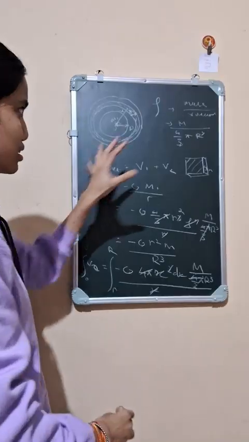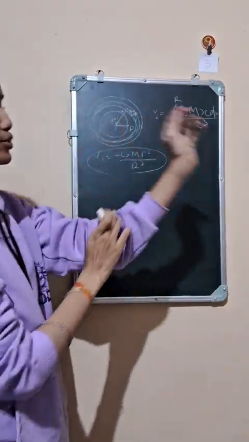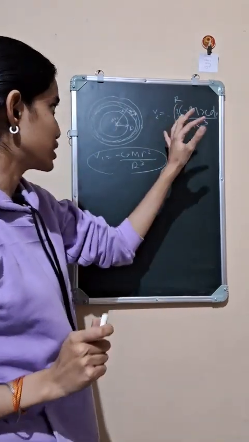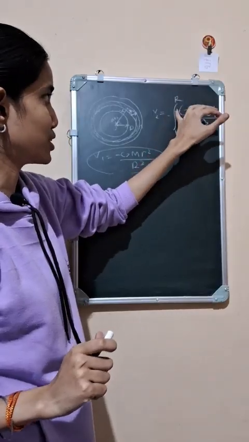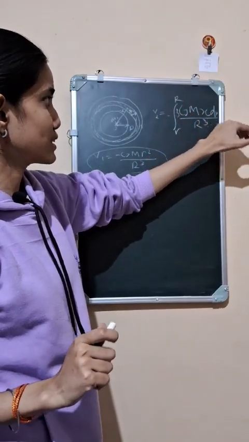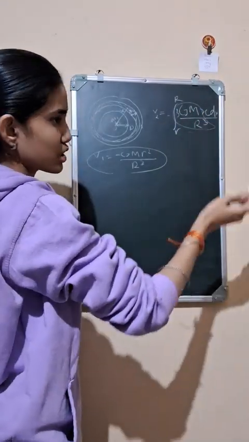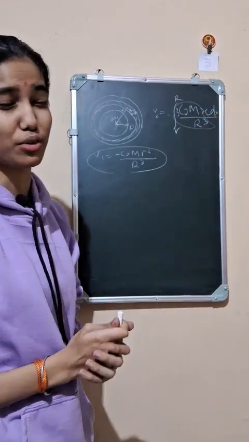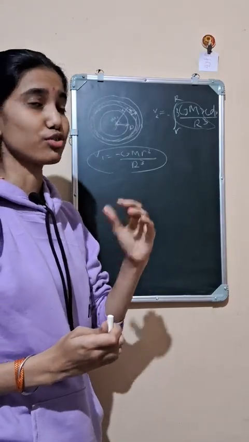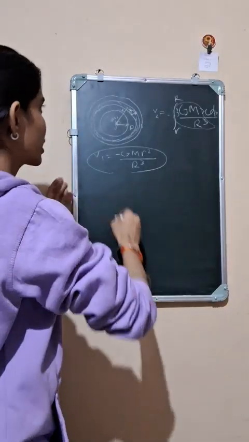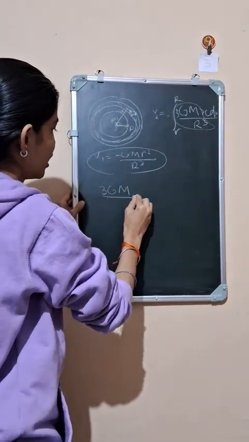Actually let me erase these calculations so that I can solve this problem. So from last equation, now I am presented with this equation where V2 is integration of small r to capital R with a negative sign, 3G m x dx by capital R cube. So here this thing is constant, so I can take it out of the integration, and integration of x is x square by 2. So integrating x square by 2 from small r to capital R, we will get 3G m by R cube.